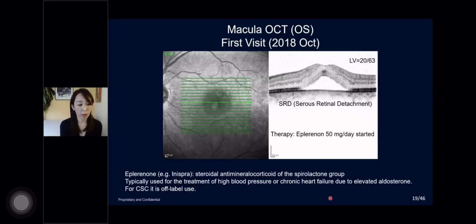It is a hormone treatment, typically used for the treatment of high blood pressure or chronic heart failure due to elevated aldosterone. For CSC, it began to be used some years ago. It is still used. It works somehow, but it's still off-label use.